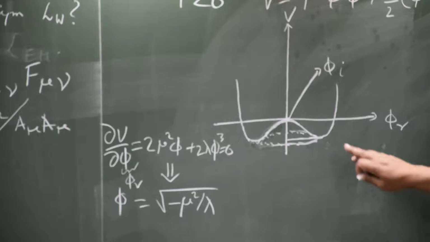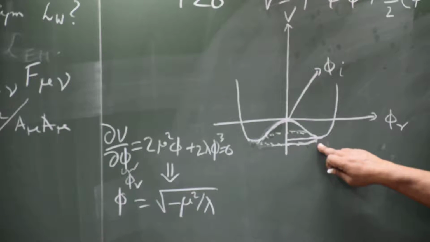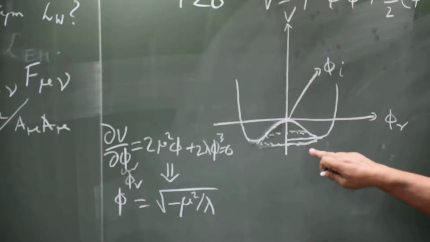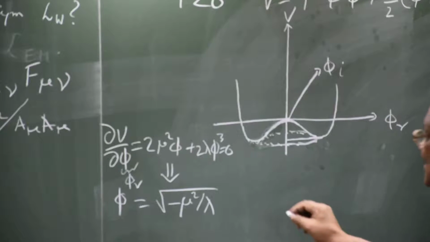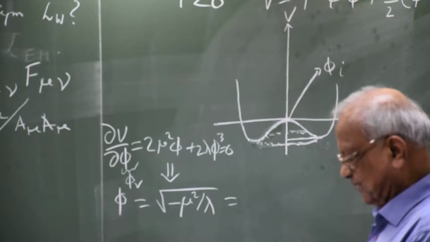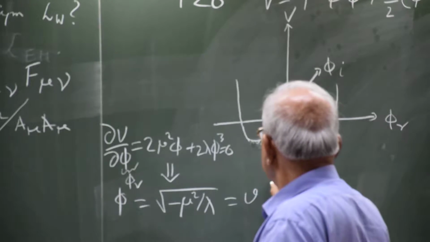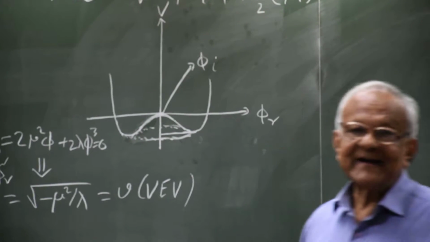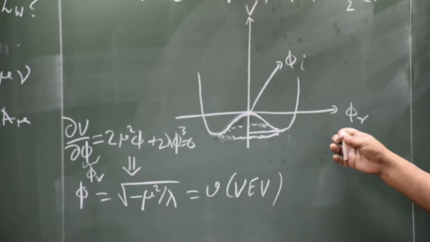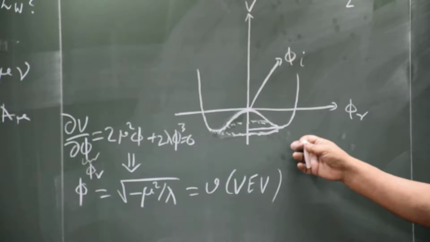So the minimum of the potential energy is occurring not for the zero value of the field but a finite value of the field, which is called V, vacuum expectation value. Because by definition vacuum corresponds to the minimum of the potential energy.